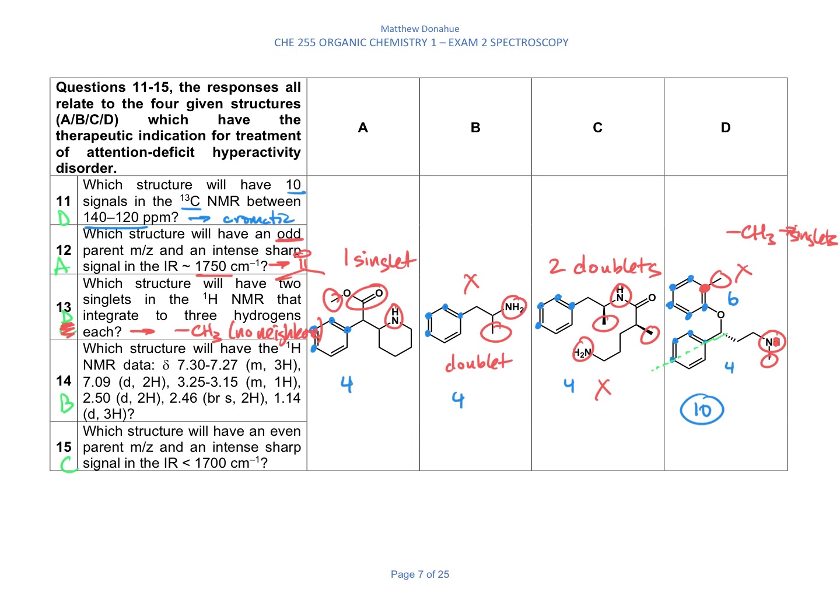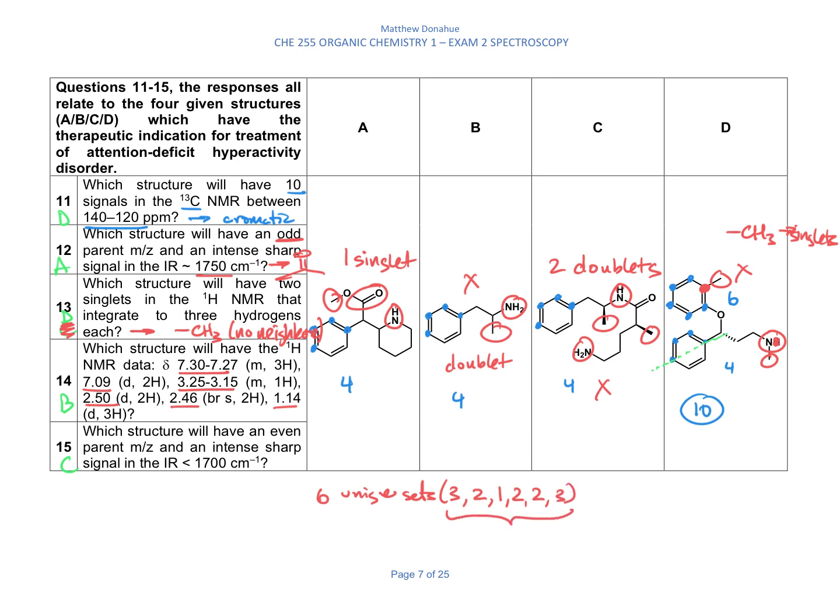Question 14, what structure will have the 1H NMR data shown? So we have 1, 2, 3, 4, 5, 6 unique sets. So we have 3, 2, 1, 2, 2, and 3.